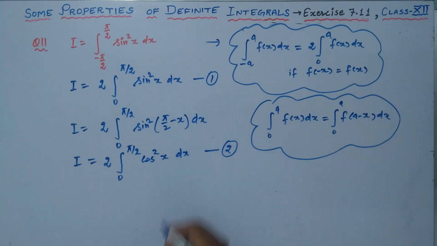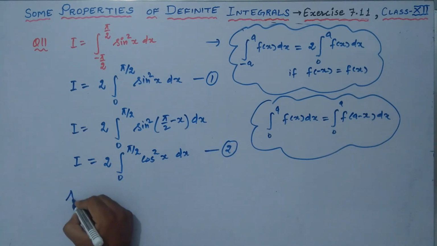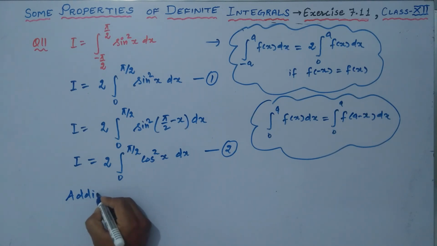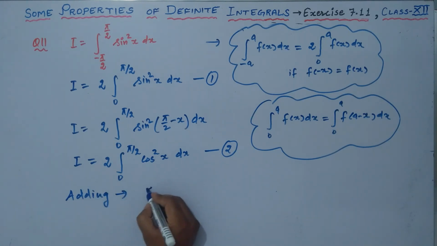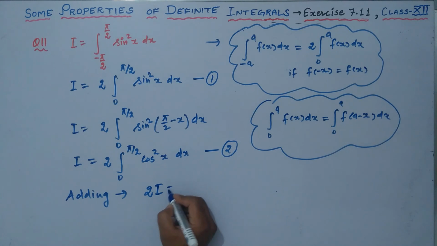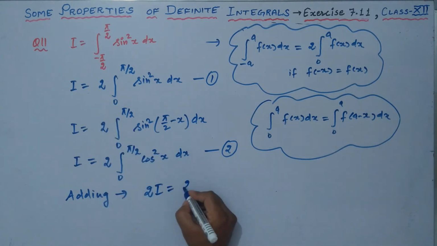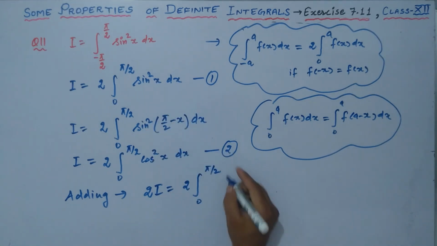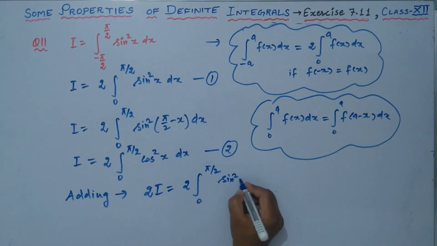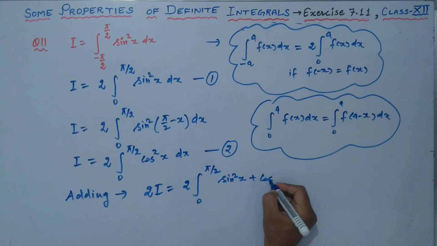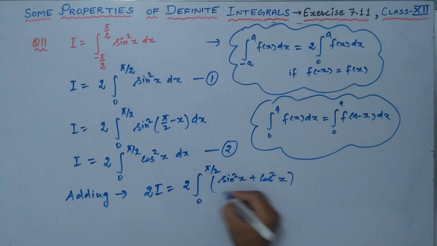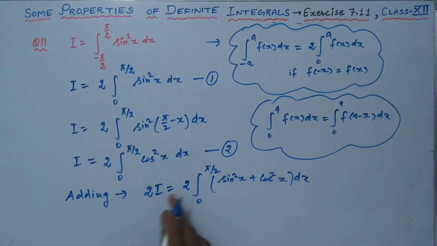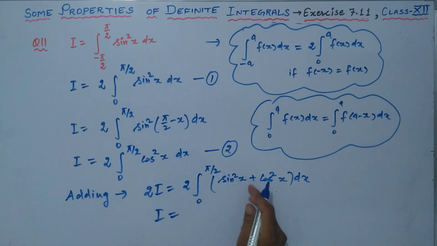Suppose this is equation number 2. Now adding equation 1 and 2, we have 2i is equal to 2 is common, limit is common, sine square x plus cos square x into dx. 2 will get cancelled, so I becomes, sine square theta plus cos square theta is equal to 1.